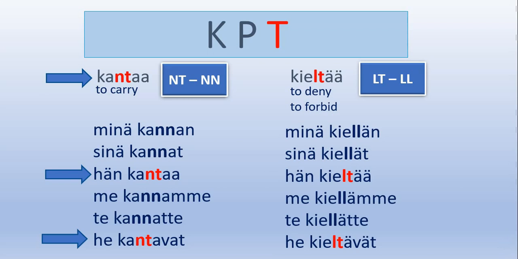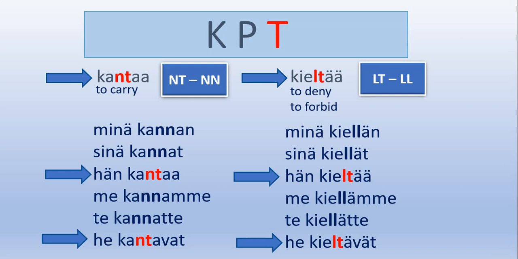Minä kiellän, sinä kiellät, hän kieltää, me kiellämme, te kiellätte, he kieltävät. And as you can see in both of these, the strong form is the infinitive, third person singular and third person plural.